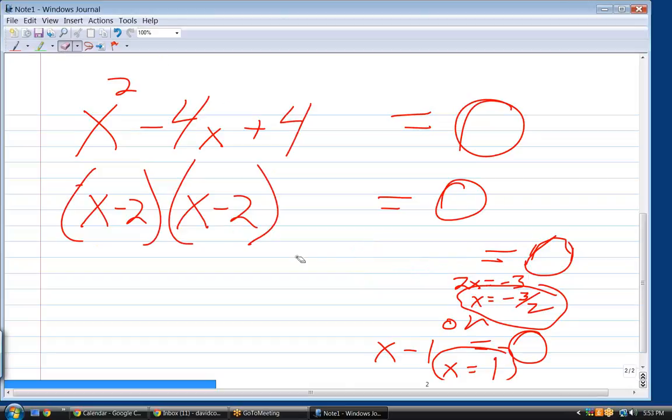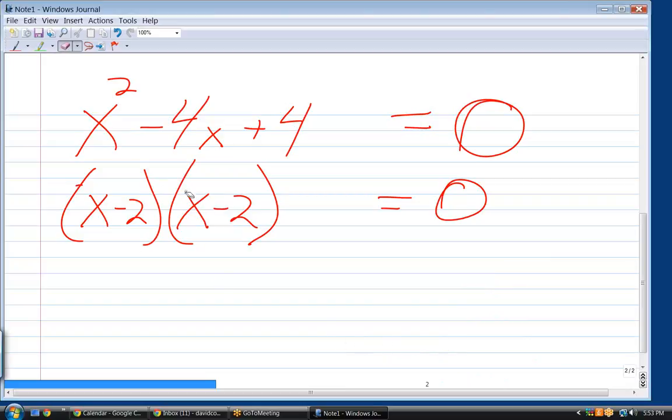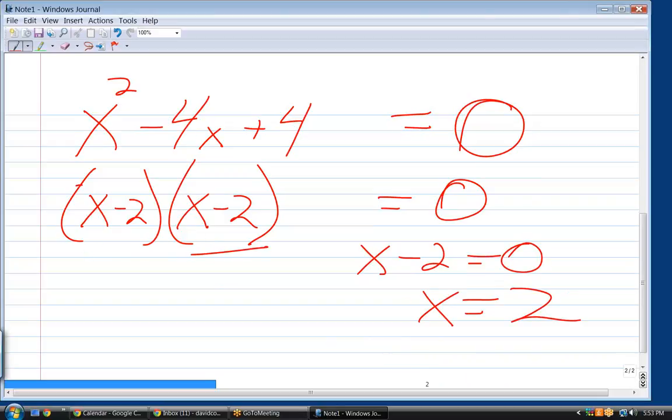So I only get one answer, but I get it twice. In other words, both answers give me the same thing. If x minus 2 equals 0, then x equals 2. It doesn't matter which one of those I use, I only get that one answer.